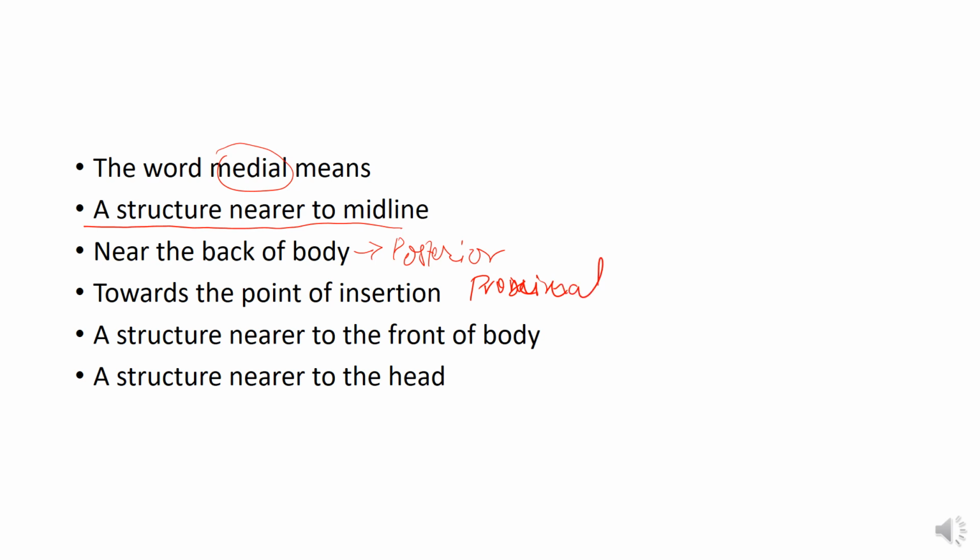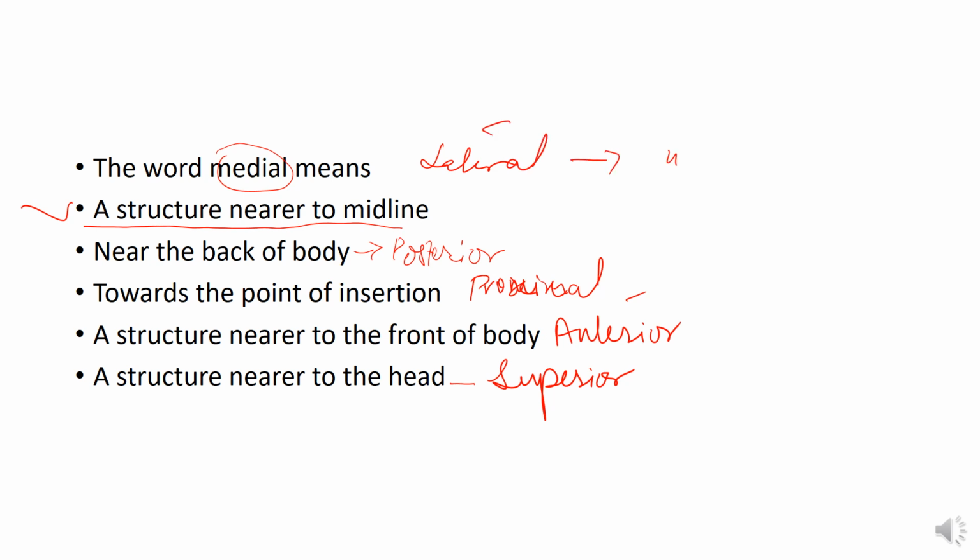A structure nearer to the front of the body is anterior. A structure nearer to the head is the superior. So the correct answer is a structure nearer to the midline is the medial. So what does lateral mean? Lateral means the structure nearer away from the midline.